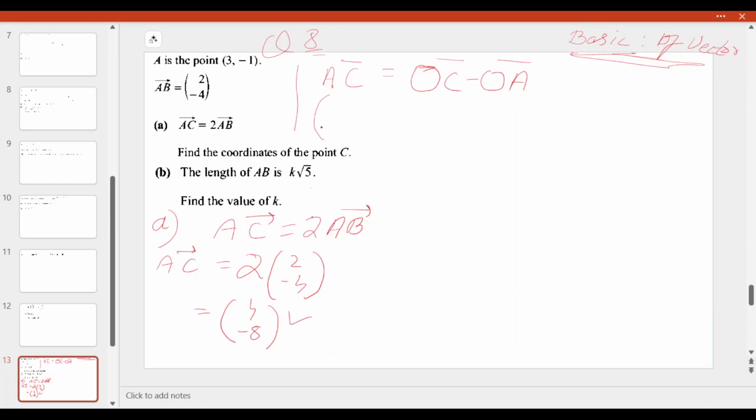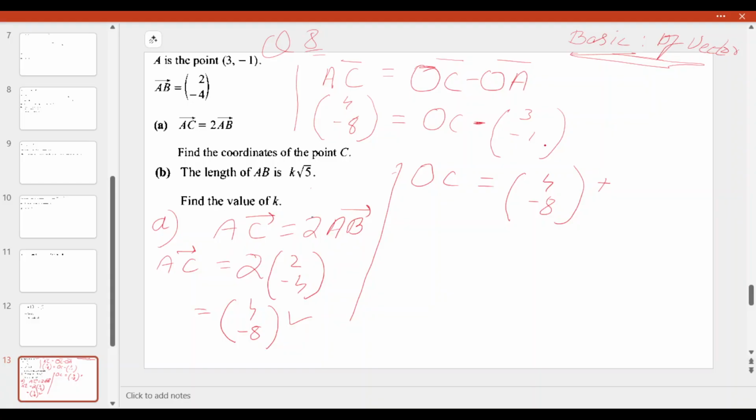So just plug in this value: (4, -8) equals OC minus, and we can write this in column form (3, -1). Now just solve this one. OC is equal to (4, -8) plus (3, -1), because when we bring something to the other side of the equation, the sign changes.